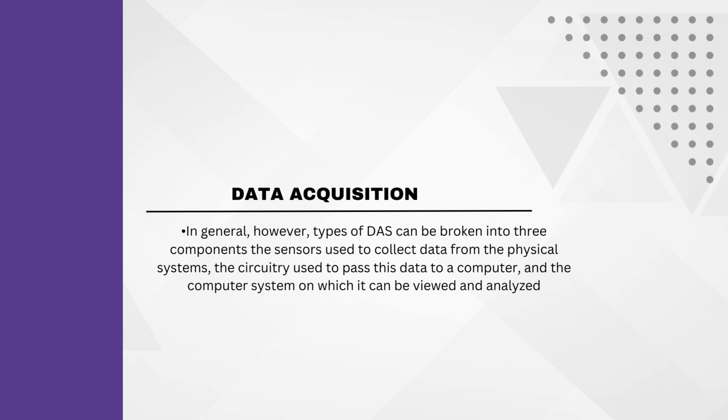In general, however, data acquisition systems or DAS can be broken into three components: the sensors used to collect data from the physical system, the circuitry used to pass this data to a computer, and the computer system on which it can be viewed and analyzed.